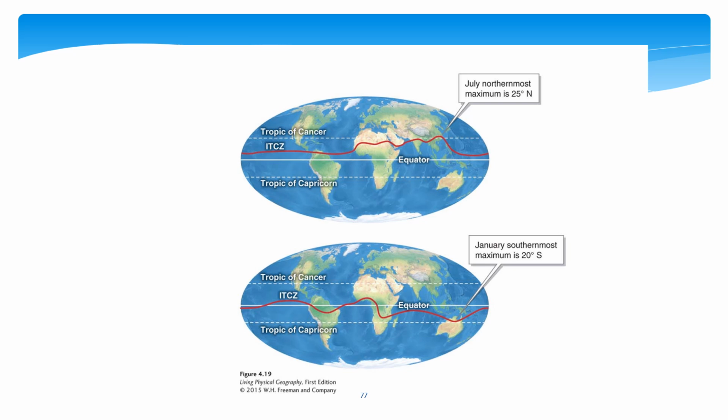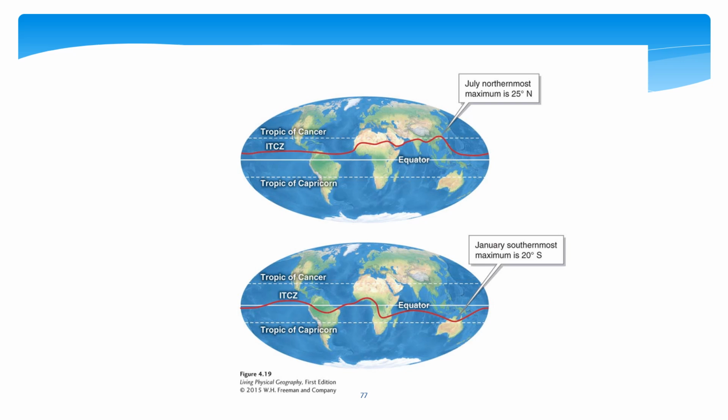Well, that one's easy, because it follows the subsolar point, and the subsolar point is confined to the tropics. When is it at its northernmost point? And what month is it at its southernmost point? And then be able to tell me what is the general climate like under the ITCZ.